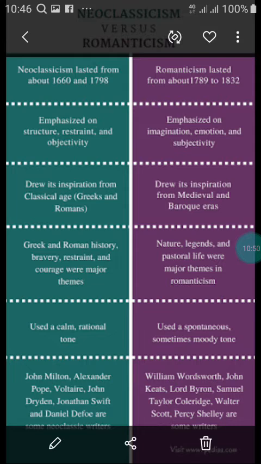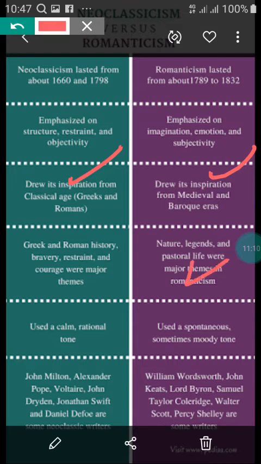So new classicism draws inspiration from the classical age. Romanticism draws influence from the medieval age, and natural objects, nature, legends and pastoral lives were the major themes of romanticism.